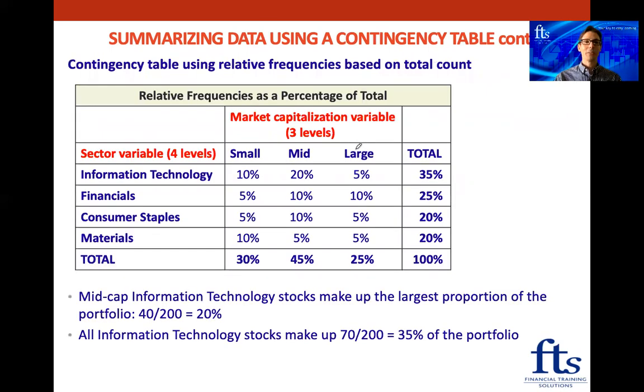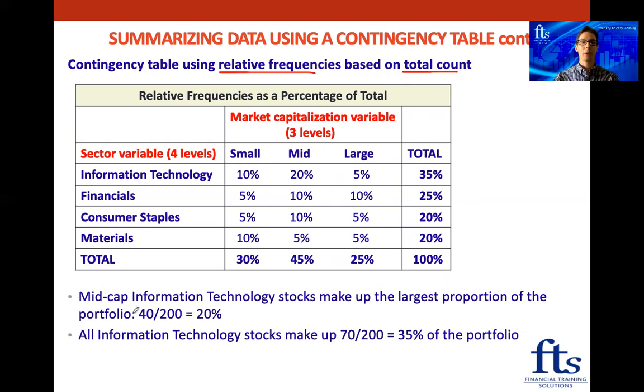So here we've got the contingency table using relative frequencies, based on the total count. Remember, there were 200 stocks in this portfolio. Because it's relative frequency, we've now converted the numbers into percentages.